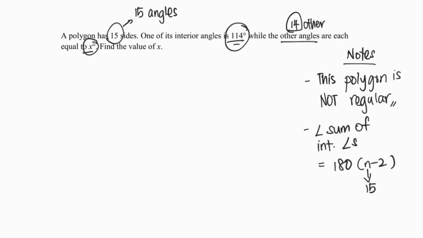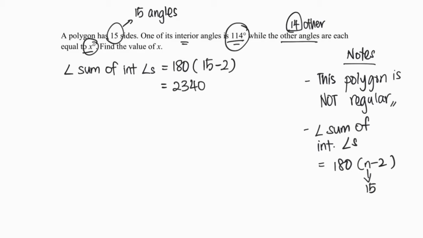So that's the very first thing that you should see. Angle sum of interior angles, since we're talking about interior angles, will be equal to 180 times 15 minus 2. Press calculator, this will give me a value of 2340 degrees.